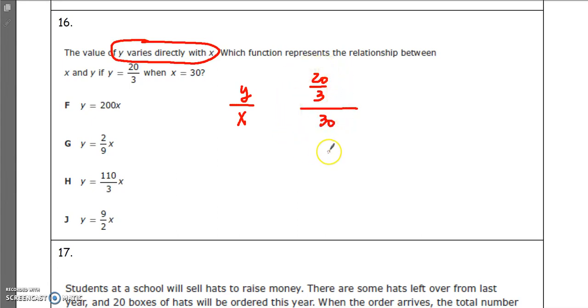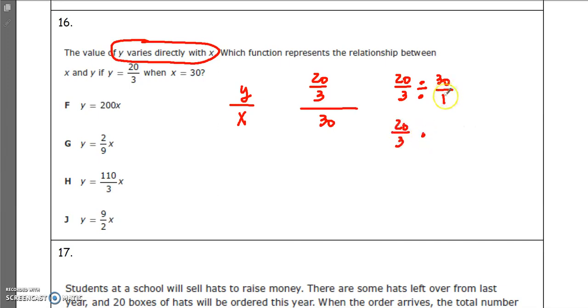If I look at this problem, you guys, 20 over 3 divided by 30. So let's write that out. 20 over 3 divided by the number 30. And because this is a fraction, I'm going to turn this one into a fraction. And we know that we never divide fractions. We always multiply by the reciprocal.